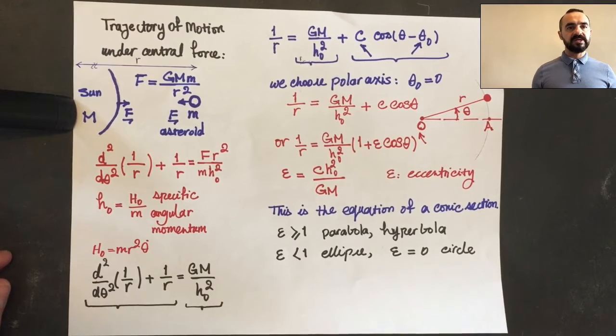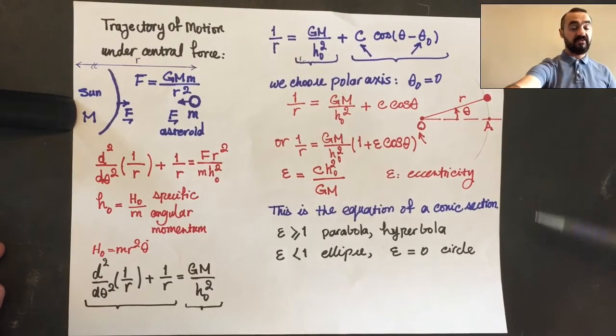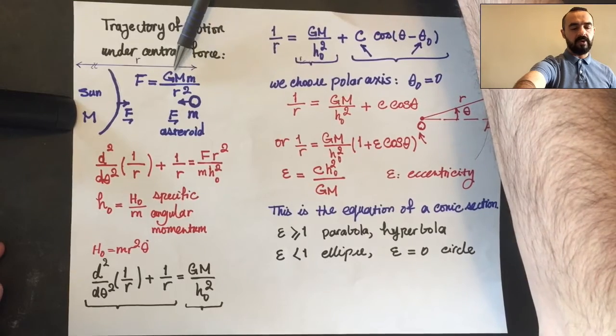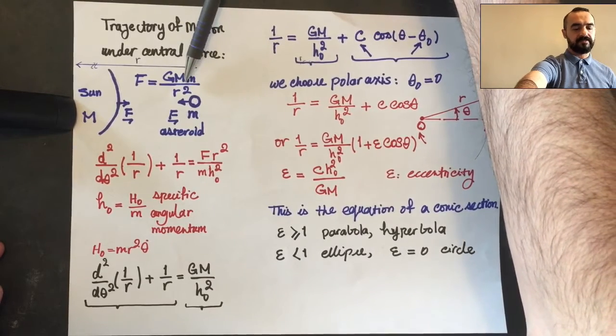So now in this video, let's go back to our objective. We are interested in the trajectory of motion under gravitational central force, a specific type of central force. In this specific type of central force, the force is described as capital G, capital M over r squared.